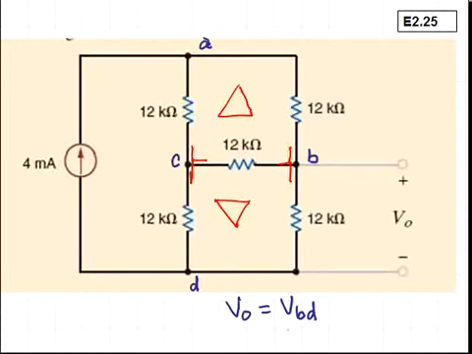We've labeled the nodes A, B, C, and D, and notice that the voltage which we'd like to determine, this V sub O, is the node voltage VBD. It will be important in whatever transformations we perform that we maintain those two nodes B and D in the circuit so that we can eventually predict that voltage difference.